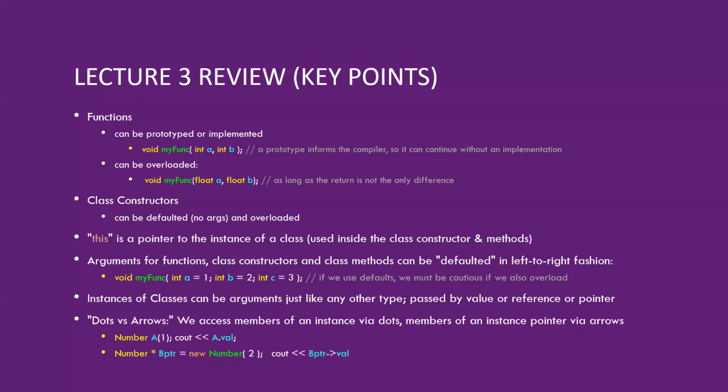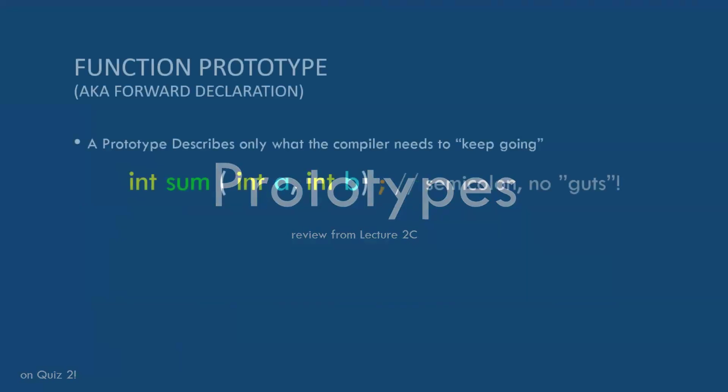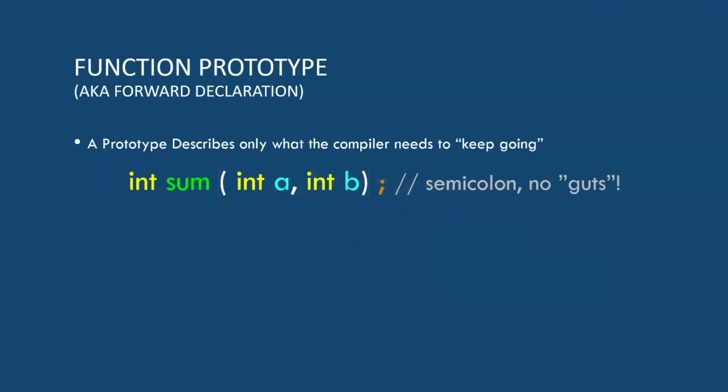So today, reviewing prototypes: again, really it's just no guts, right? You have everything about your function. And even if this is a method inside of a class, we will start to describe methods just by describing their prototypes. So this could be a method with a semicolon, no curly braces, or sometimes I say no guts.